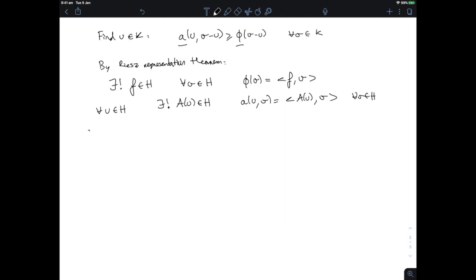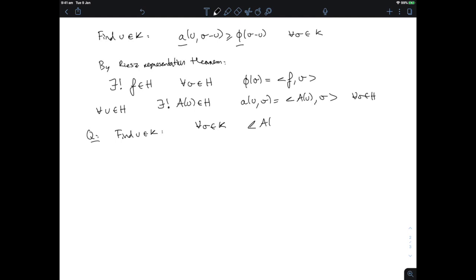So really our question is to find a u in K such that for every v in K, let's rewrite our inequality.